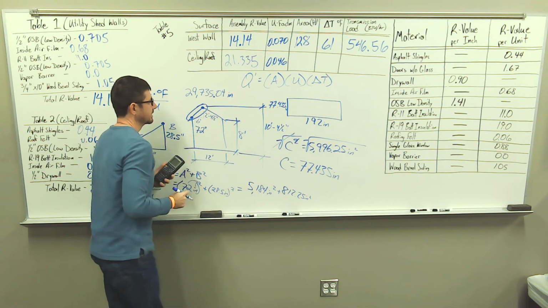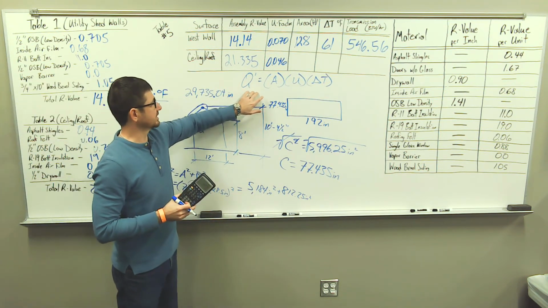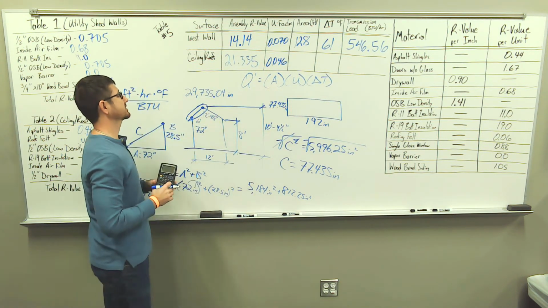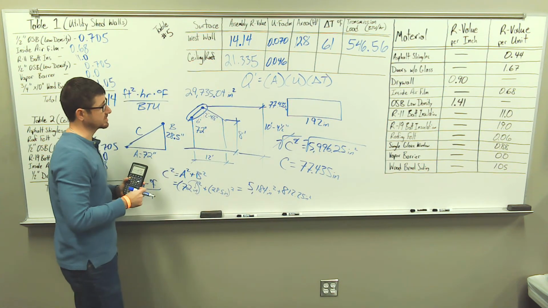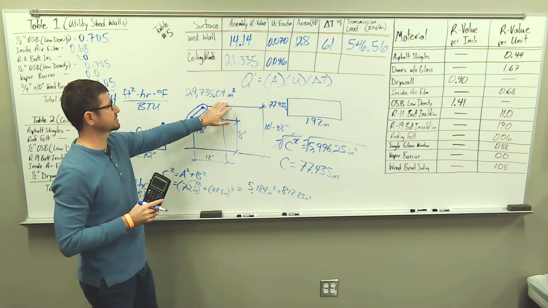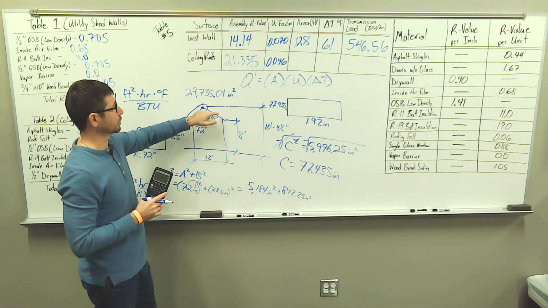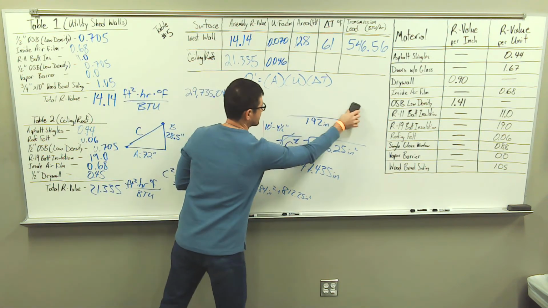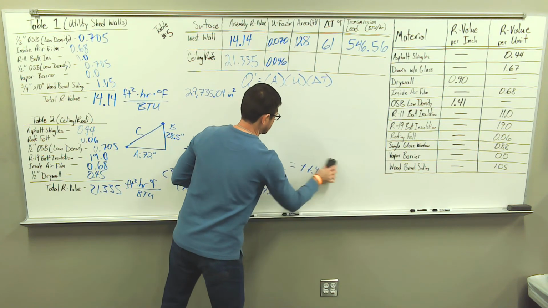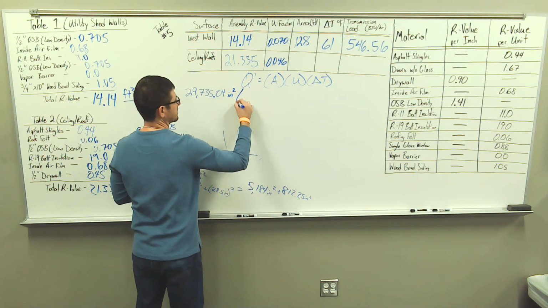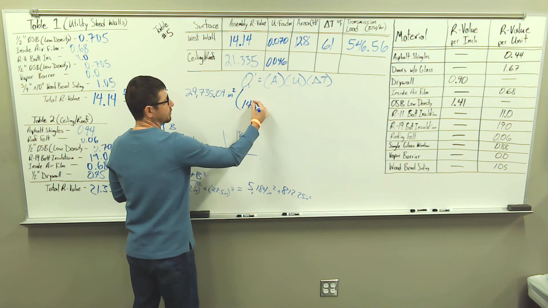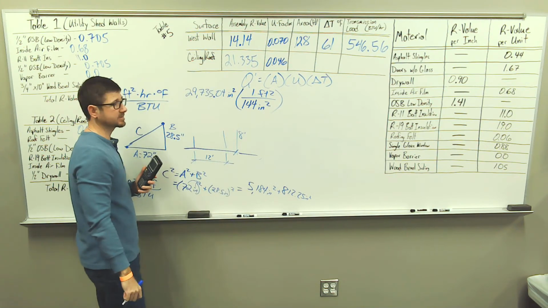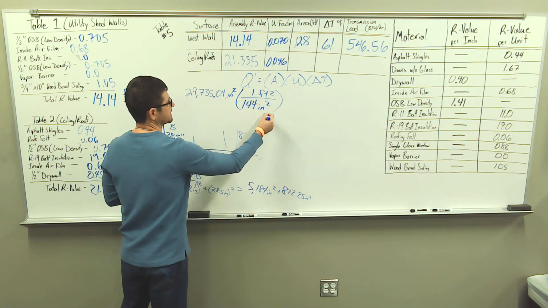inches squared. Now, when we use our transmission load equation right here, our area needs to be in square feet, not square inches. Sorry, my unit is square inches here. So we need to use some dimensional analysis right now and convert from square inches to square feet. We know that there are 144 square inches in 1 square foot. So we're going to cancel those.